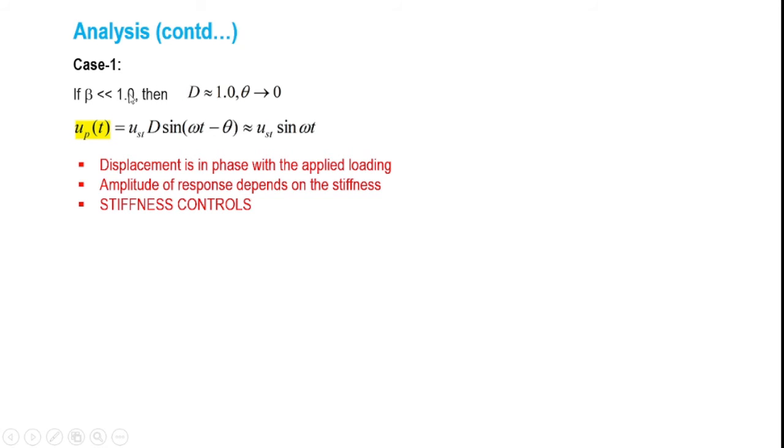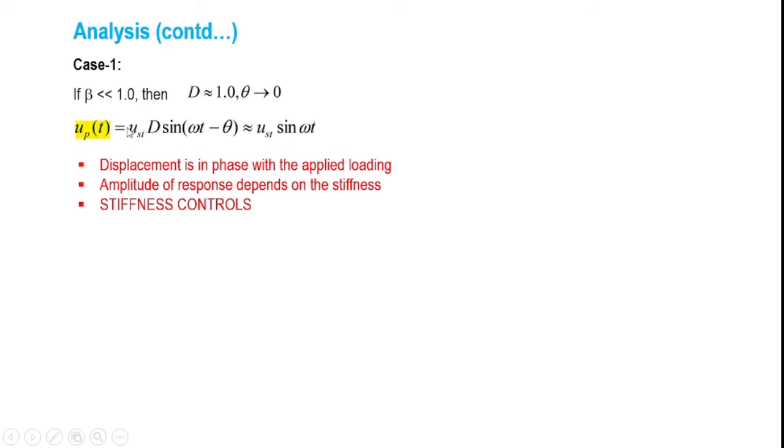So if you substitute beta very much less than 1 into our basic equations for the dynamic amplification factor D and the phase angle theta, we find that for this case, the dynamic amplification factor or the dynamic magnification factor D will be approximately equal to 1 and the phase angle tends to 0.